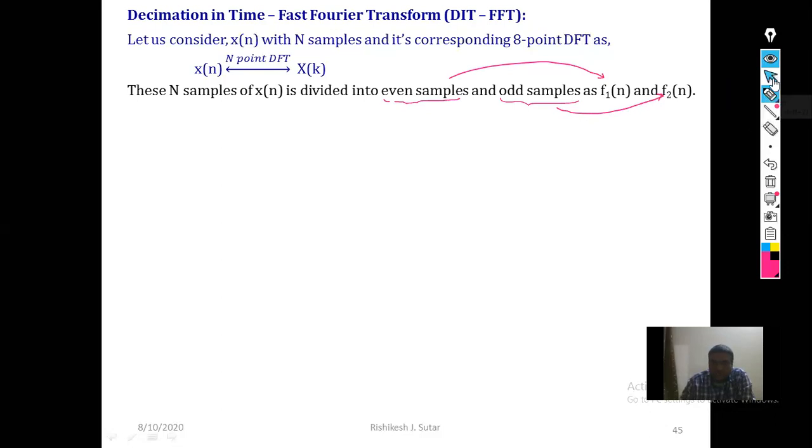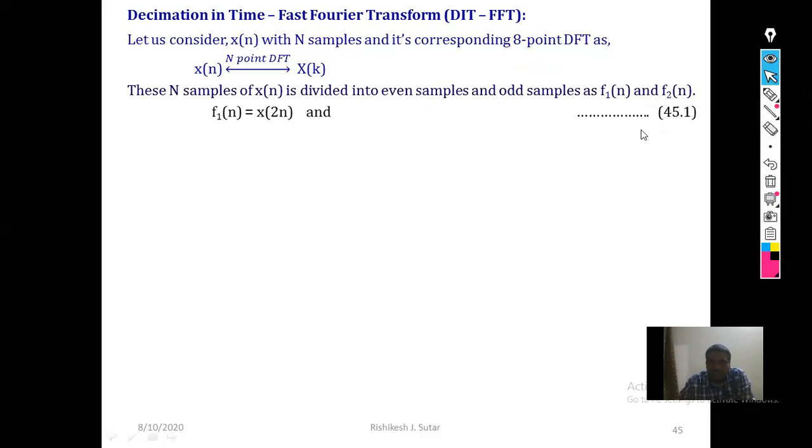So what we are going to do here is divide x of n into two parts, f1 of n and f2 of n. f1 of n consists of the even samples of x of n, and f2 of n consists of the odd samples of x of n.